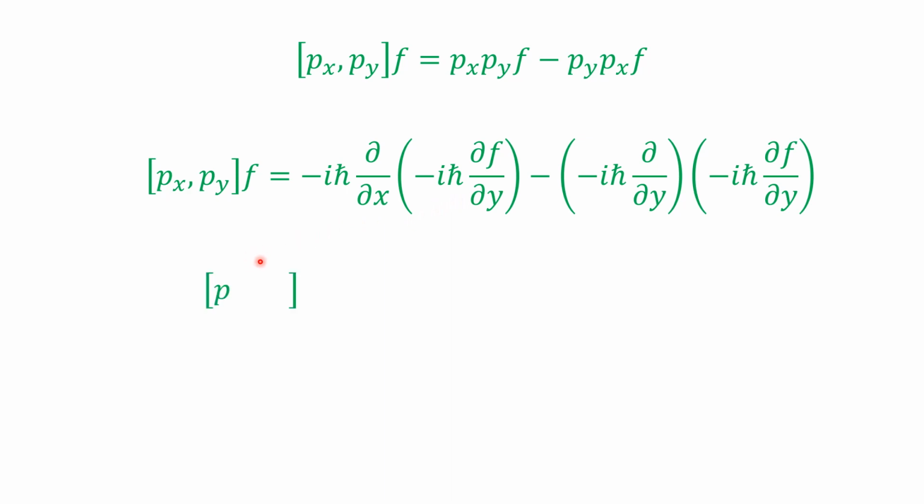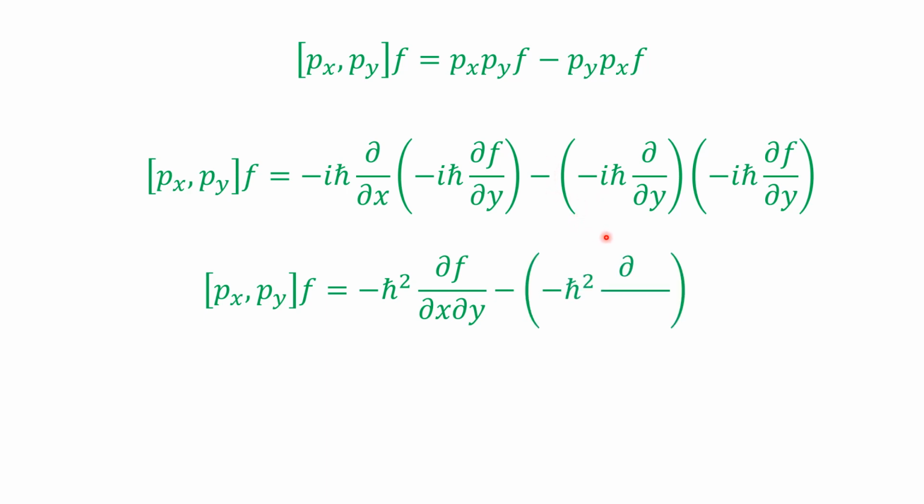So you will get minus i h-bar into minus i h-bar is equal to minus h-bar squared, and del squared f over del x del y. Similarly, the second term, if you multiply this, you will get h-bar squared del squared f over del y del x.